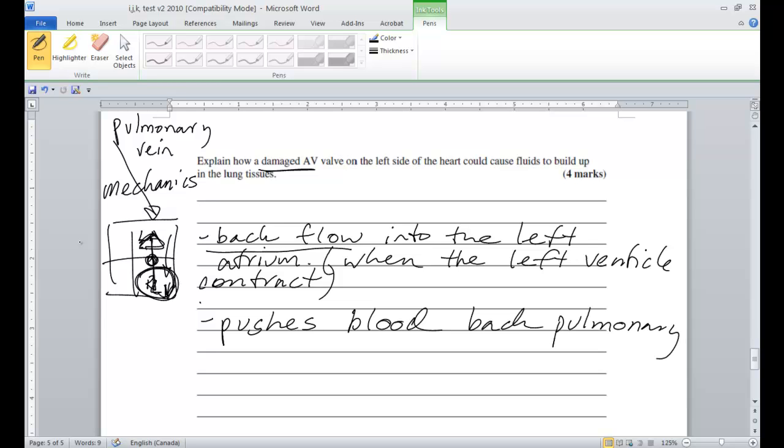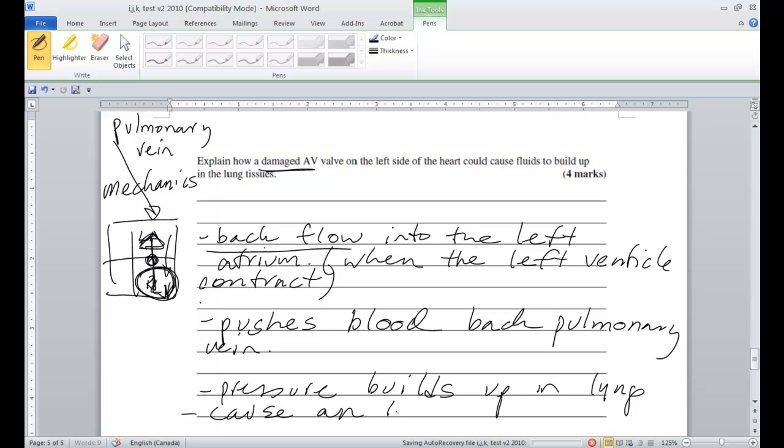If blood is being pushed back into the pulmonary vein, pressure, as in blood pressure, builds up in the lungs. And this is going to cause an accumulation, a buildup of fluids, of blood in the lungs. So that's what you needed. Okay, hope that helped.